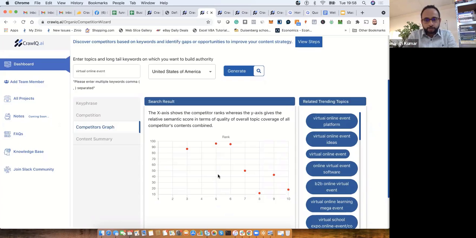So here, even though Eventbrite is in third position, its semantic score is 87, but cvent.com, though it is at fifth rank, is covering 96% of this topic itself, like the expansion of this topic, virtual online event.